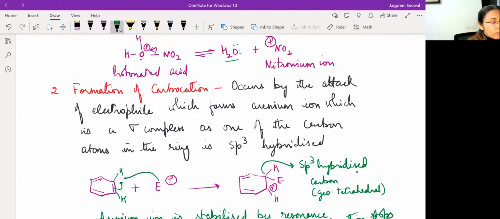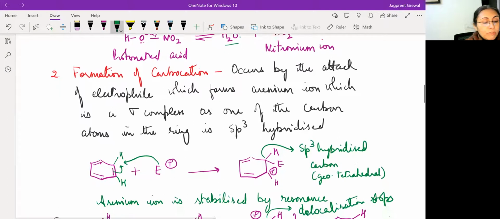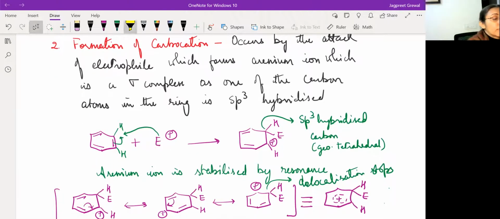So E positive comes here and this E-C bond is formed. Now, due to the formation of this bond, what happens over here? This carbon is now attached to four groups, H, E, and C on this side and C on this side, with positive charge on this side.